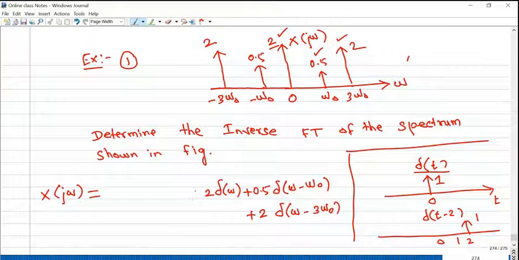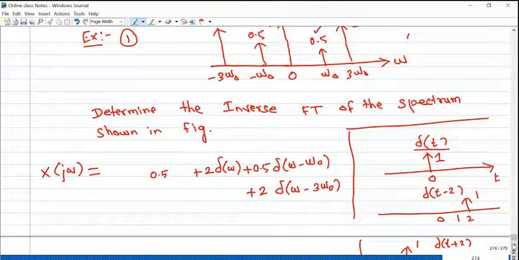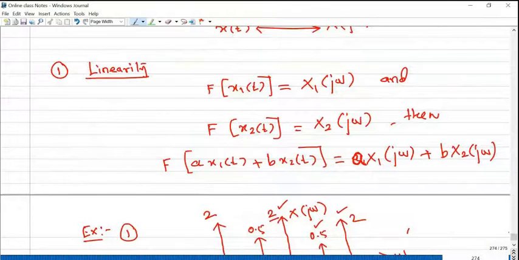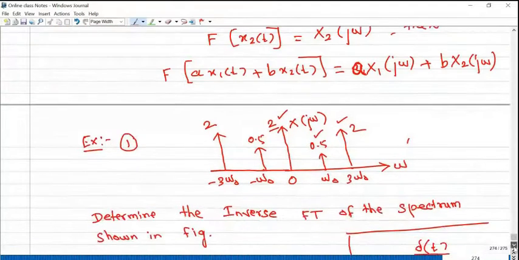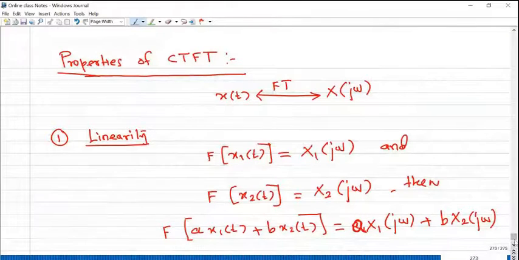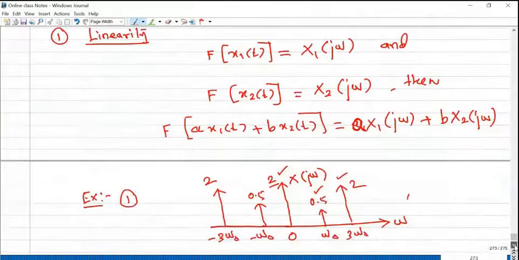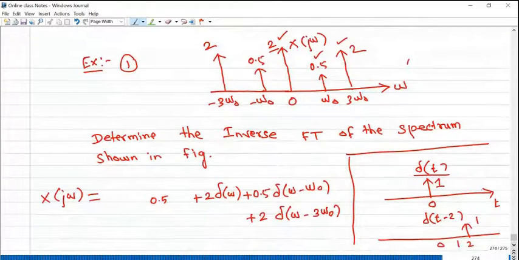Now the reverse side. Magnitude 0.5. If the signal is shifted to the left side, how to do it? Del of t plus 2. Similarly, 0.5 del of omega plus omega naught.